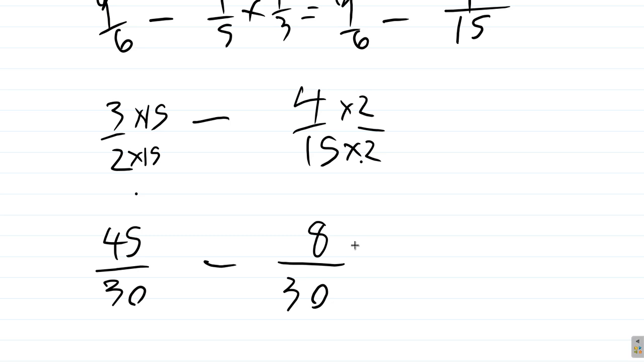So if you do this, what is 45 minus 8? Let me see now. 45 minus 5, that's 40, and you take 3 more, that's 37. It's 37 out of 30. So there you go. You have your answer there.